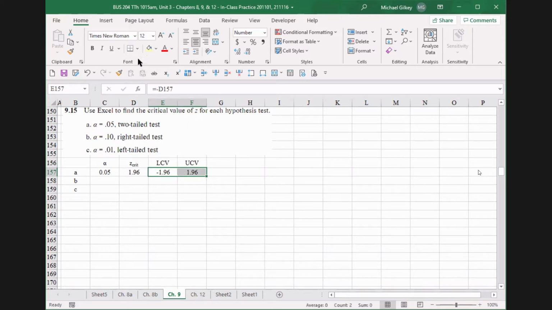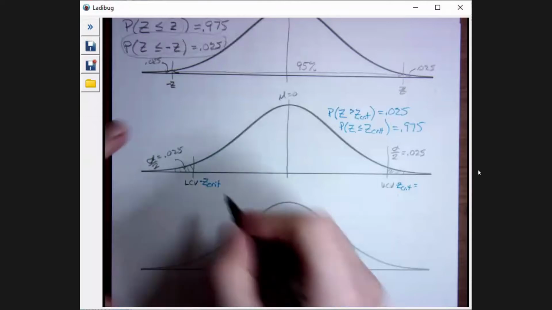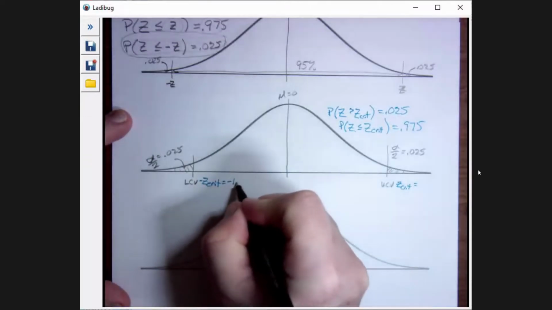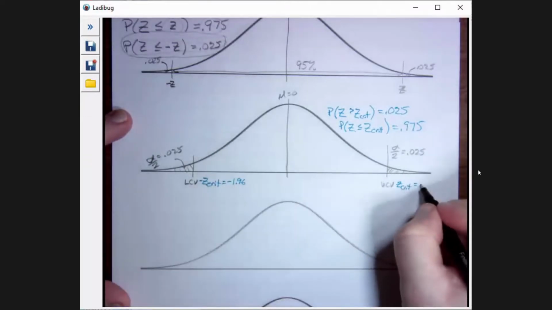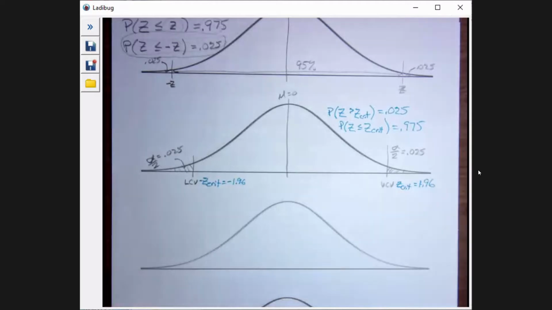And so there are the answers for the first one. What are the critical values? The critical values are negative 1.96 and positive 1.96. Those are the 2 critical values.